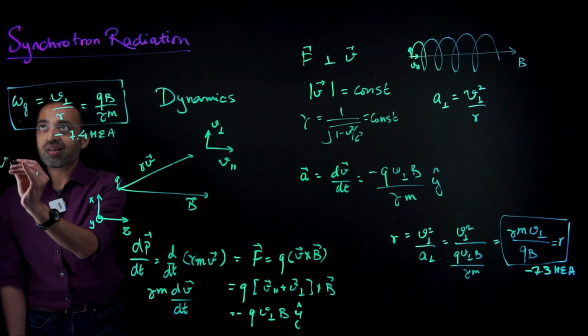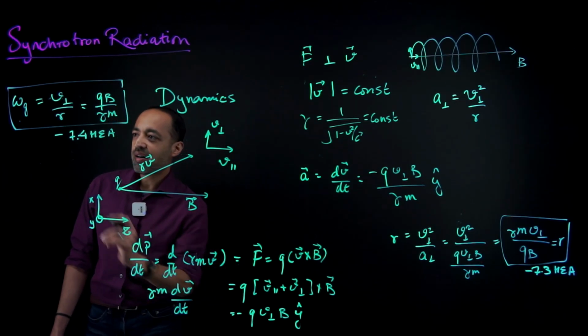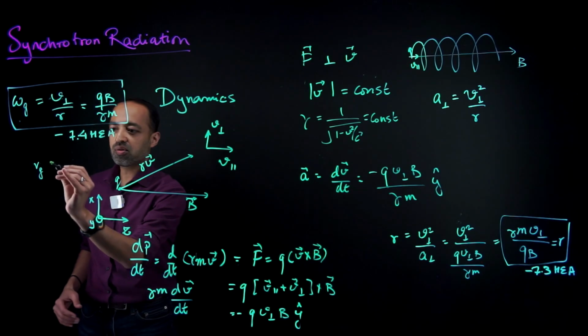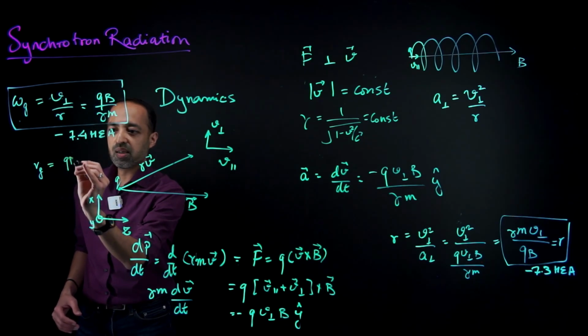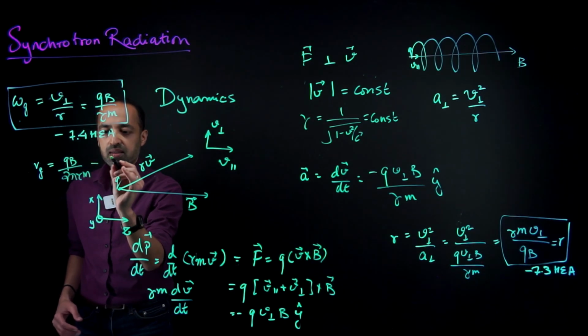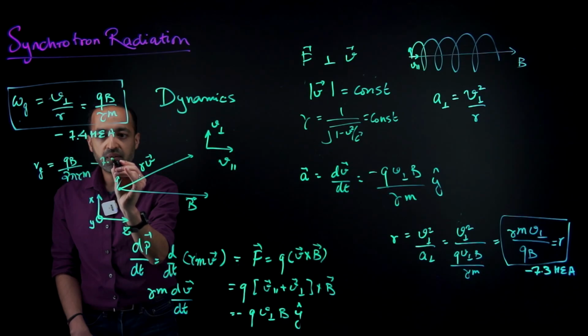And then we can also write down a linear gyro frequency, which is just this omega over 2 pi, and that's QB over 2 pi gamma M. And this is equation 7.5 of High Energy Astrophysics.